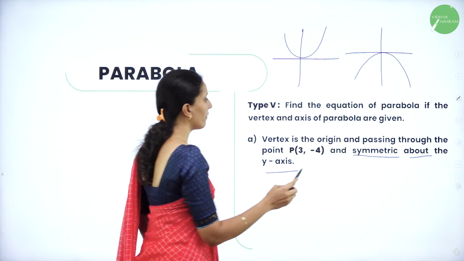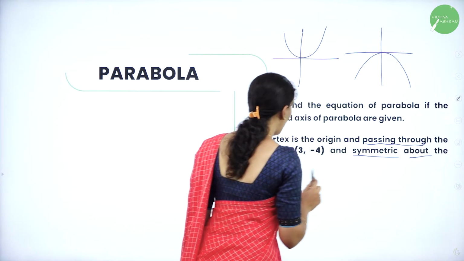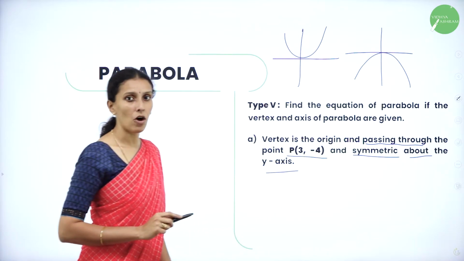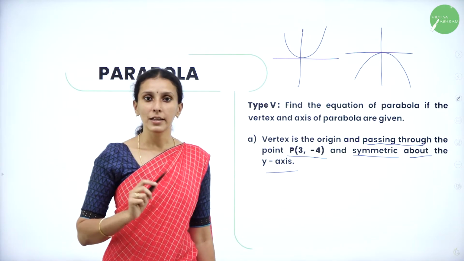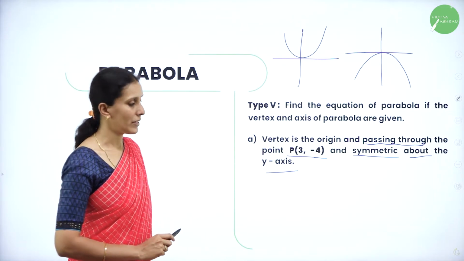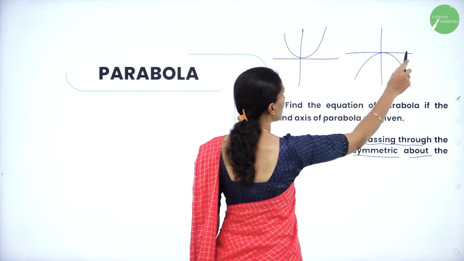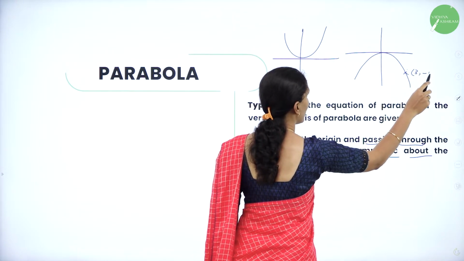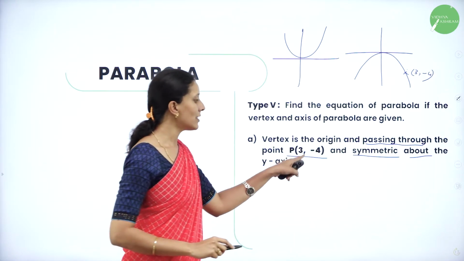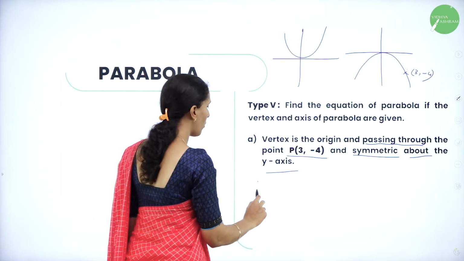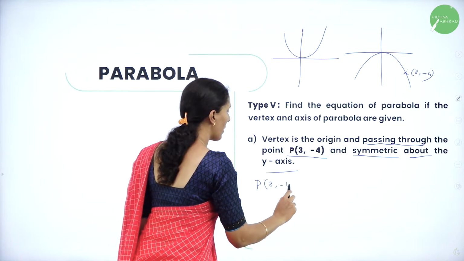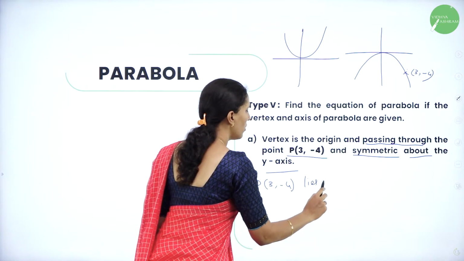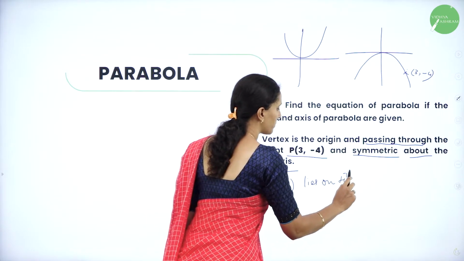But they have also given that the parabola passes through the point (3, minus 4). Where does the point (3, minus 4) lie? So 3 means positive, y is minus 4. So clearly this point P(3, minus 4) lies on the 4th quadrant.